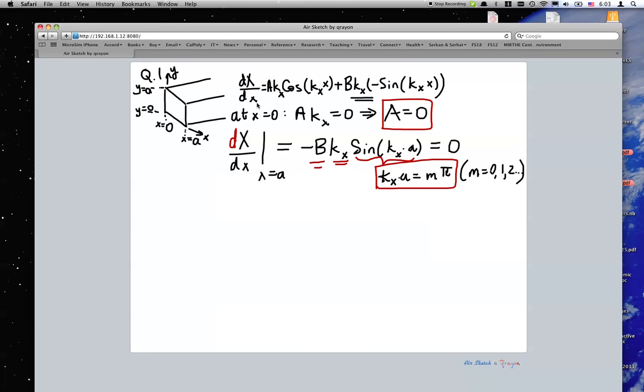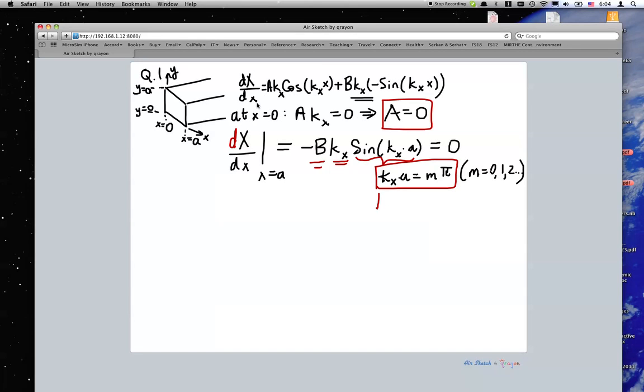And you can repeat the same thing for the y part, and you'll get another condition for y, and let's write that condition directly. The same thing happens there. It should be at y equals 0 and y equals b. So what condition do we get there?